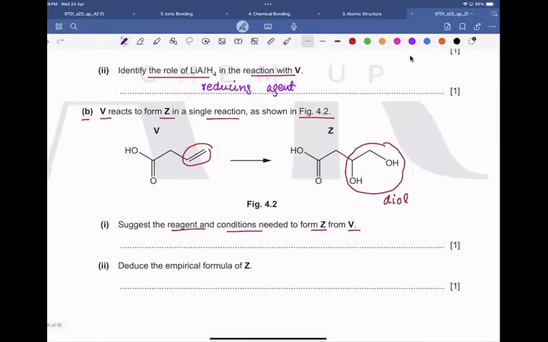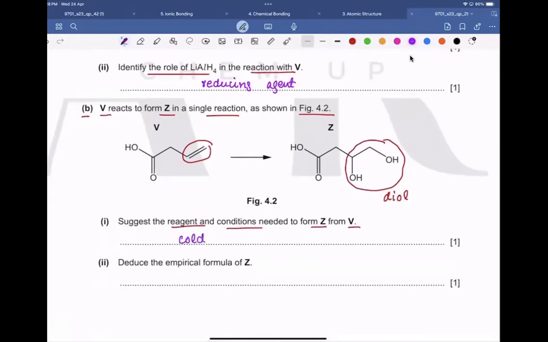Okay, so cold, dilute, acidified KMnO4. Only Fatma got the correct answer. Banin and Hassan gave me incomplete answers. Okay. Now, deduce the empirical formula of Z. So if you look at Z, 1, 2, 3, 4, there are 4 carbon atoms. Now count hydrogen.